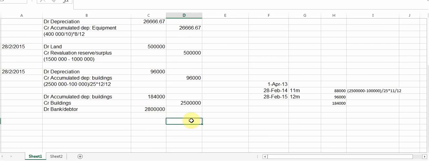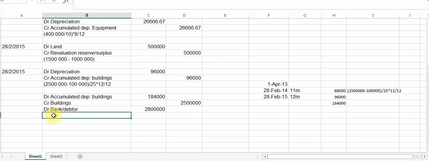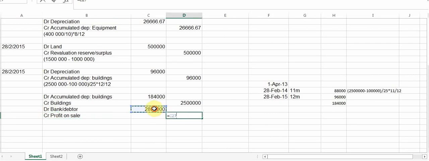Right, so now I need to go and see which side I need an entry. And it seems to me like the credit side will shorten entry. So I'm then going to credit profit on sale. And this is going to then be the difference between the amounts in order to obtain a balancing figure.